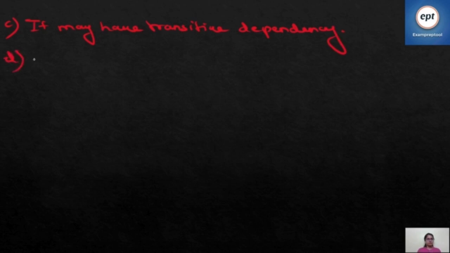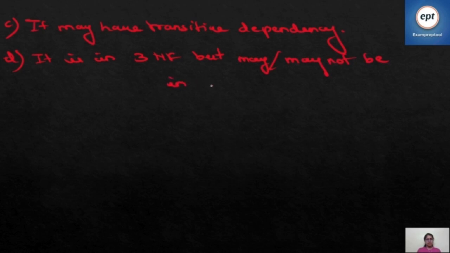And the D reasoning: it is in 3NF but may or may not be in BCNF. So this is the reasoning for C and D, and the correct answer is C and D. I hope this is clear. Let's move to the next question.